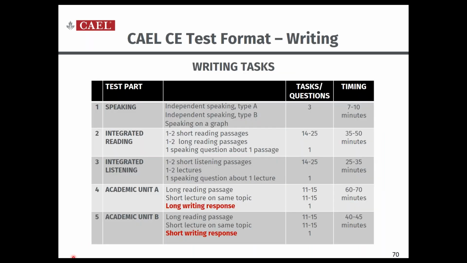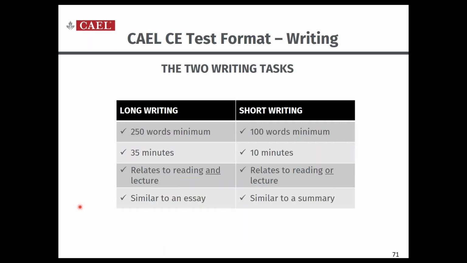Okay, let's look at the writing tasks. So there's one at the end of part 4, one at the end of part 5. Remember, each writing task is about the reading and or the lecture that you've just done in each section. Okay, so now for the long writing, you're going to be doing a minimum of 250 words.